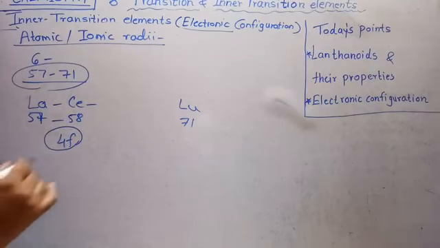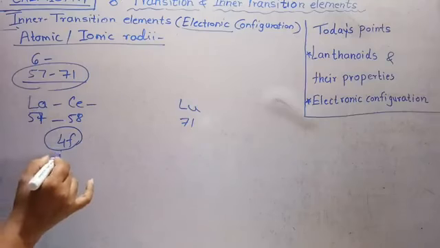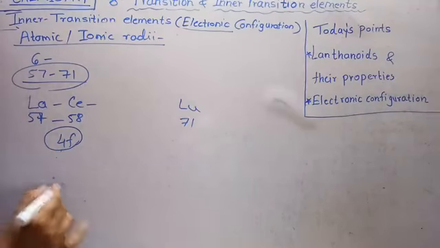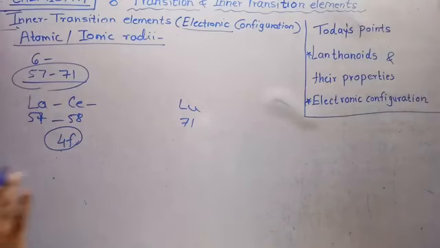There is a poor shielding effect of the 4f orbital because the f orbital has a diffuse shape. Due to this, the valence electrons experience higher nuclear attraction. So the valence shell is slightly pulled towards the nucleus, and that distance goes on decreasing from left to right.